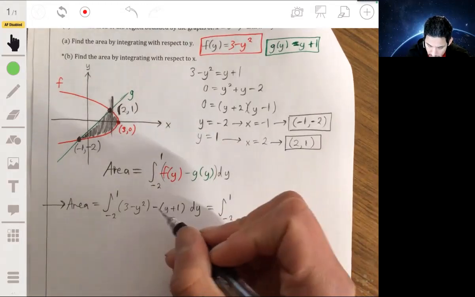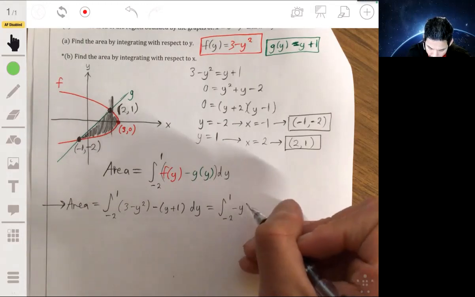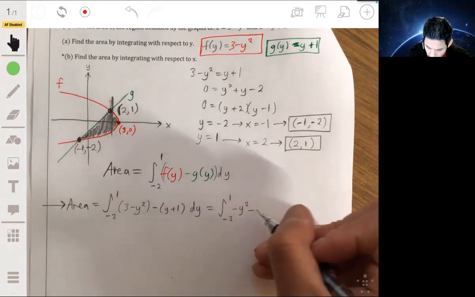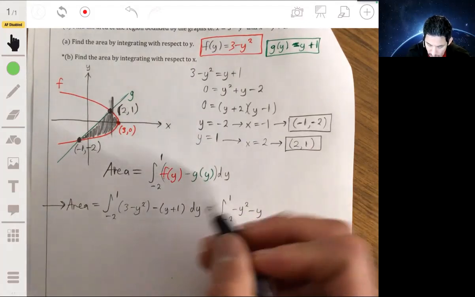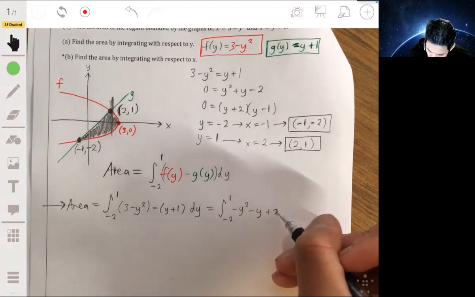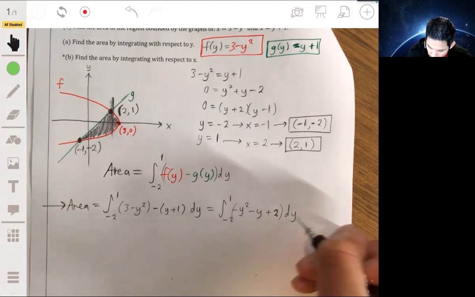Working our way down, let's go to standard form. So negative y squared minus y, 3 minus 1, so plus 2, dy.